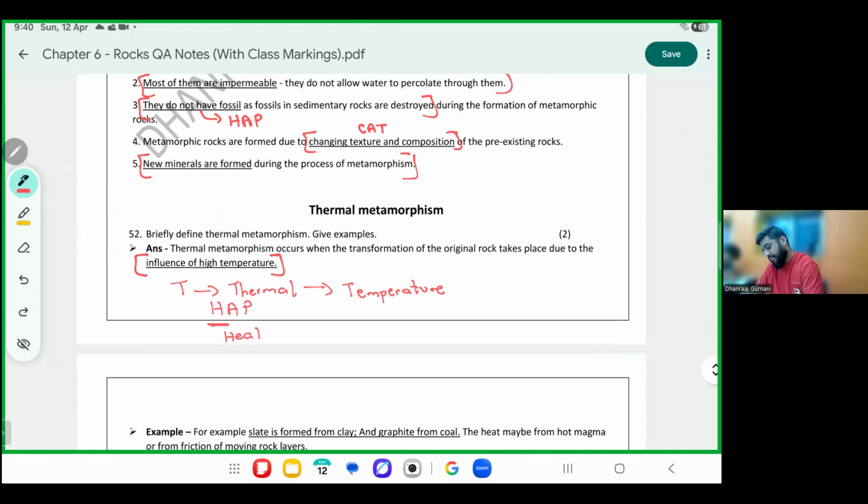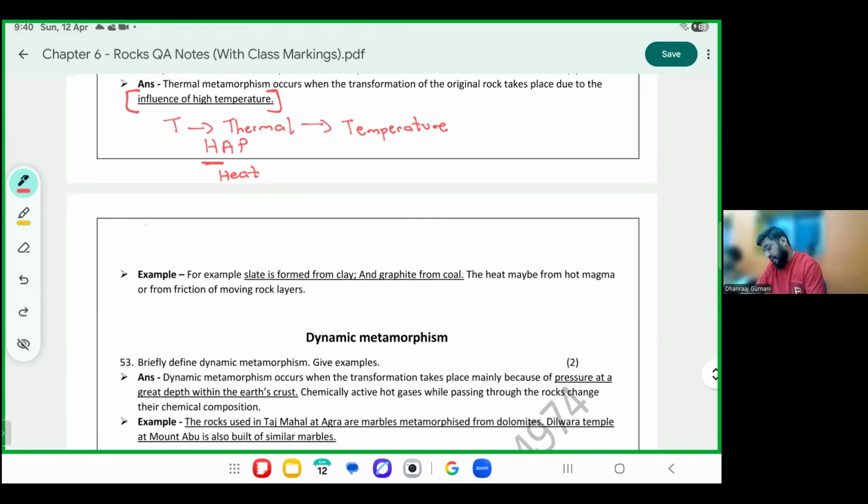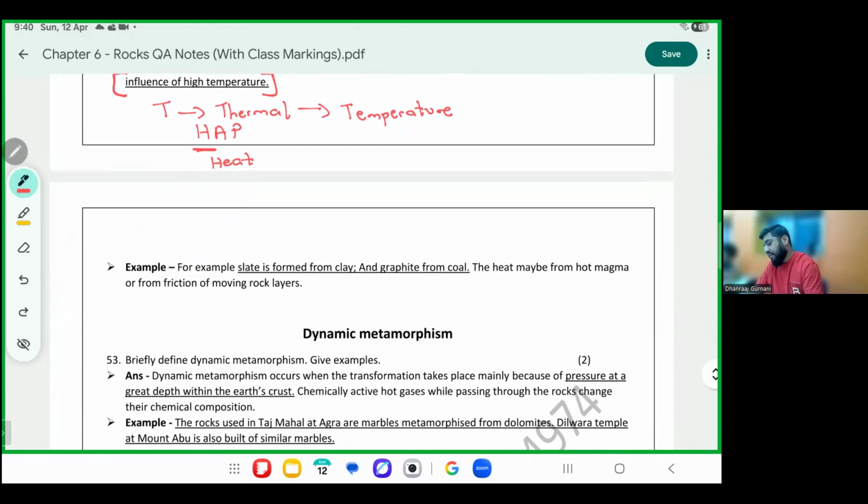Heat is more active. Thermal means heat. For example, please mark an example of a metamorphic rock which is formed by thermal metamorphism. Slate is formed from clay and graphite from coal.